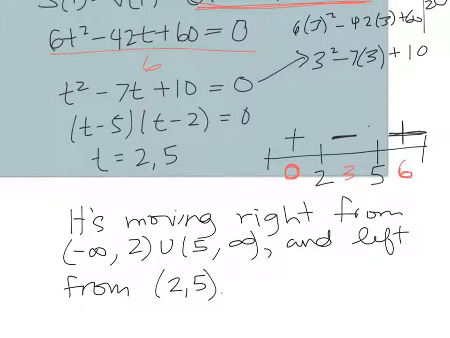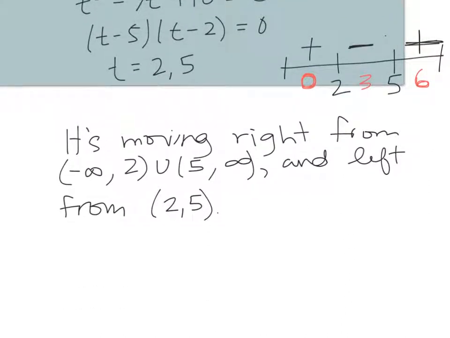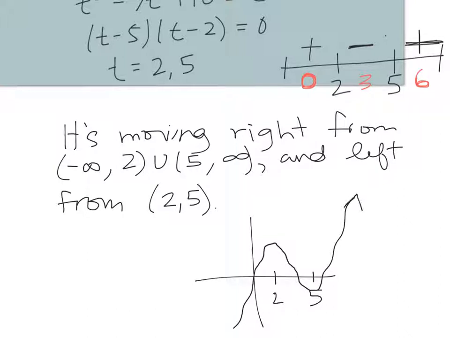So what that means is it helps me draw my S curve, the position curve, because I know what's going to happen at 2 and at 5. I don't know exactly where on the axis it's going to be, but I know that I'm going up, up, up, and at 2 I start to go down, and then at 5 I start to go up again.